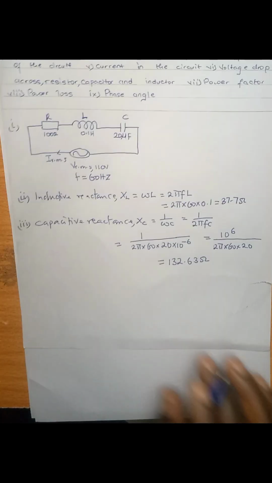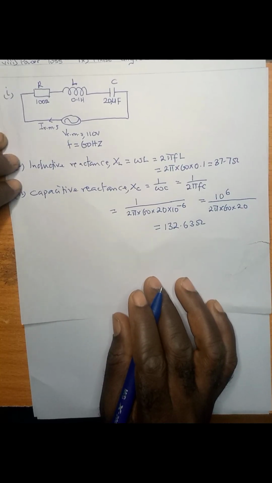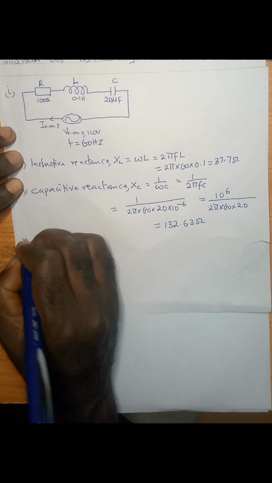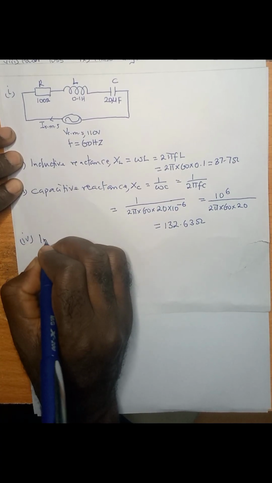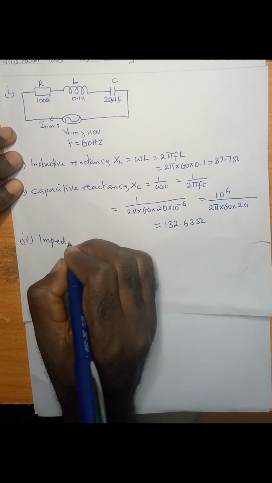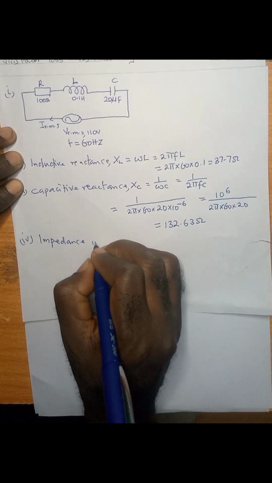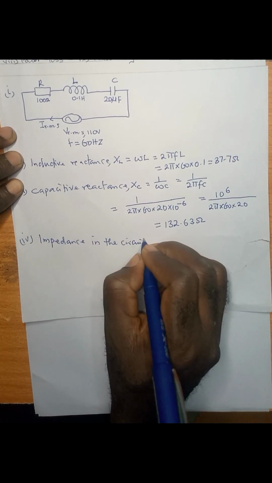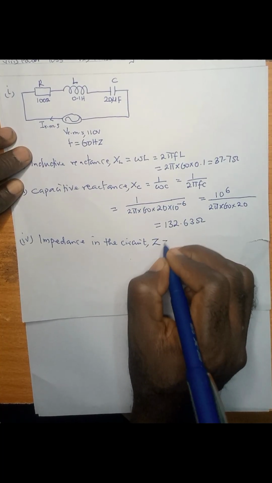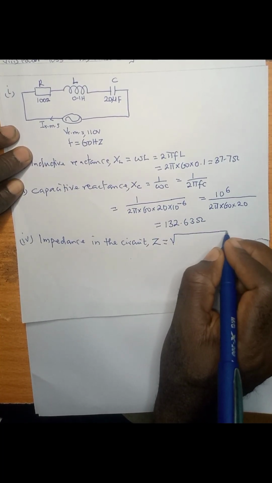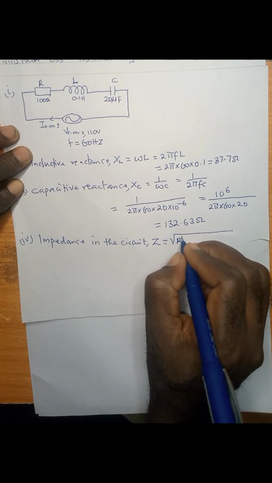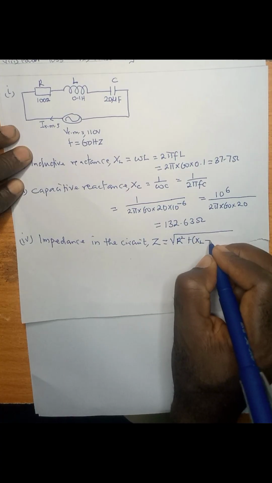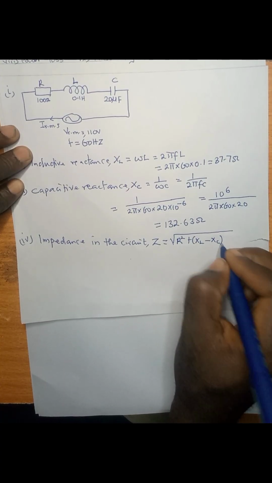Then the fourth question here, we are to calculate the impedance in the circuit. We use Z to represent impedance and it is given by the square root of R square plus, open a bracket, XL minus XC, close the bracket, square.